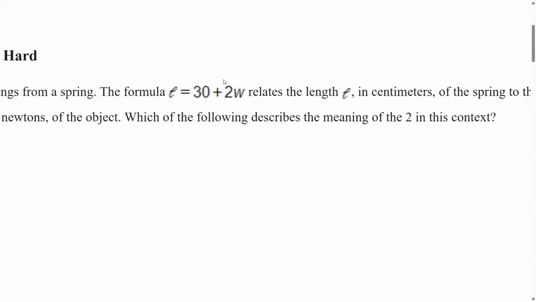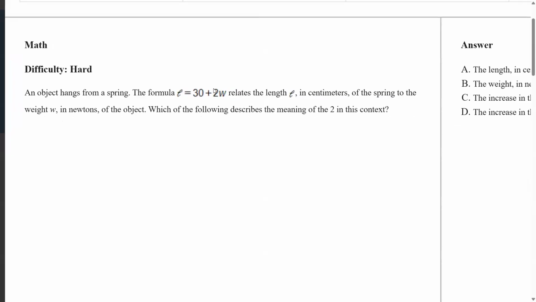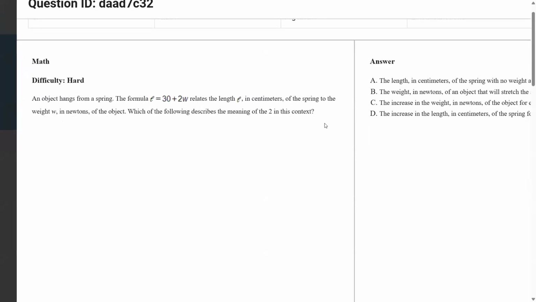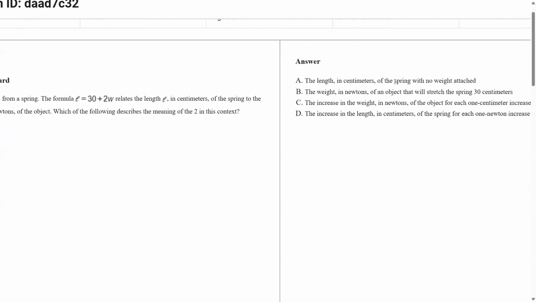So 2 is the rate because it is the slope here beside the W. It is the rate at which the, what's the W again? The W is the weight. It is a rate related to the weight. Let's see. The length in centimeters of the spring with no weight attached.